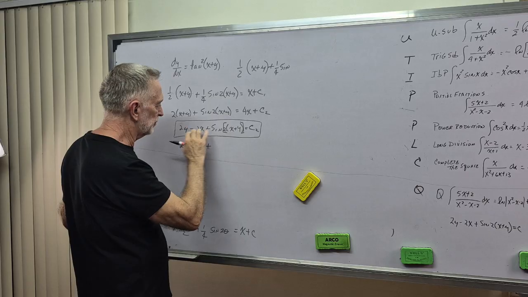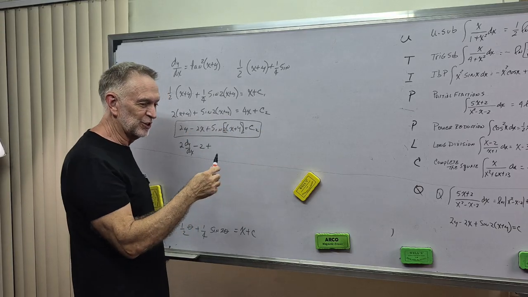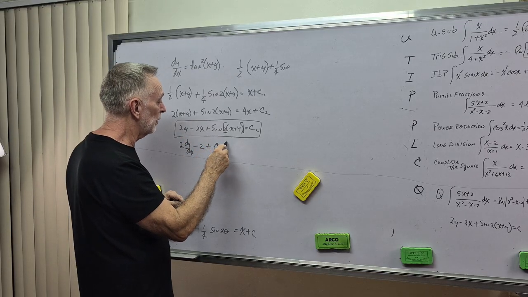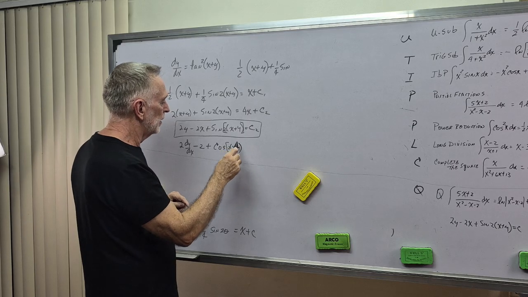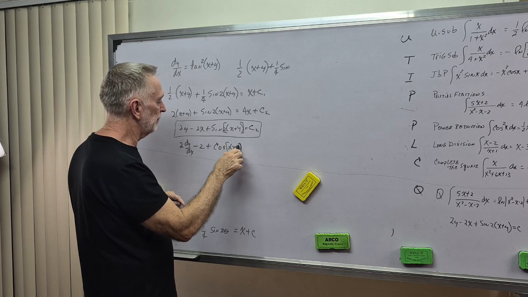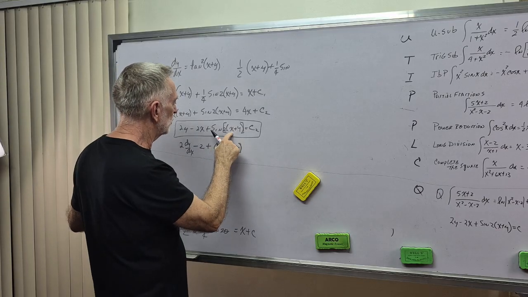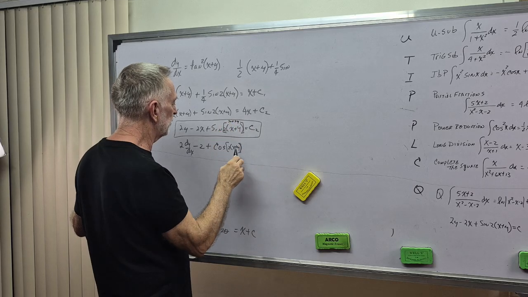The derivative of sine of something, sine u, is cosine. Cosine of that, 2x plus y, times the derivative of what's on the inside, which is what? It would be 2x plus y, and we're taking the derivative of that.